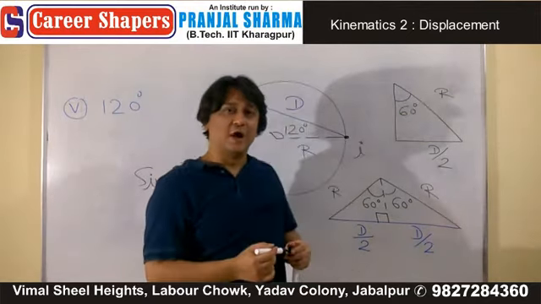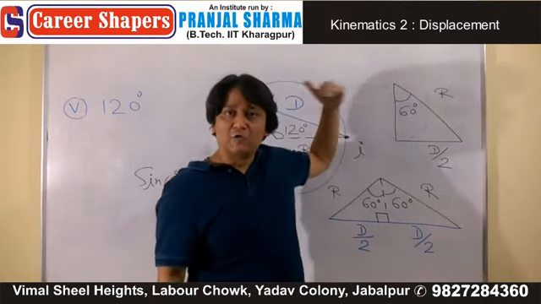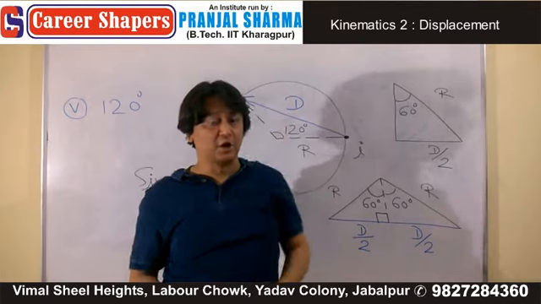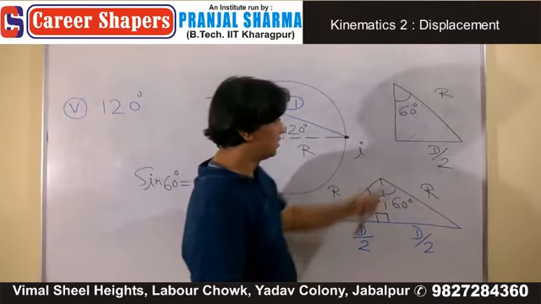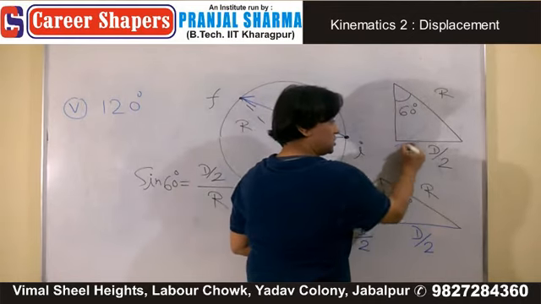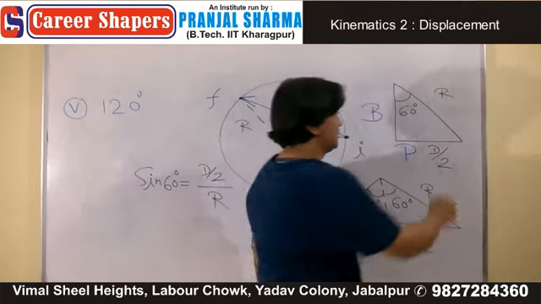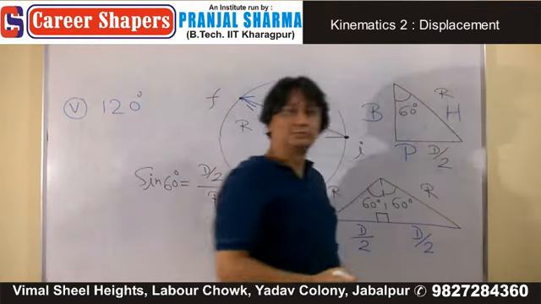And I hope you know that when you talk about sine, you are interested in what? Perpendicular. What is perpendicular? If this is the angle, you know that this is your perpendicular, this is your base. That's your hypotenuse.